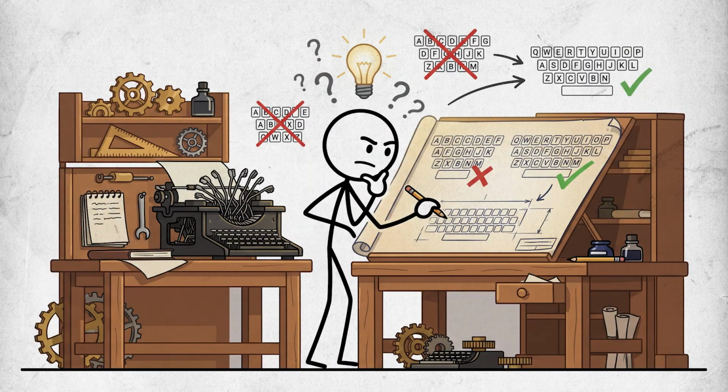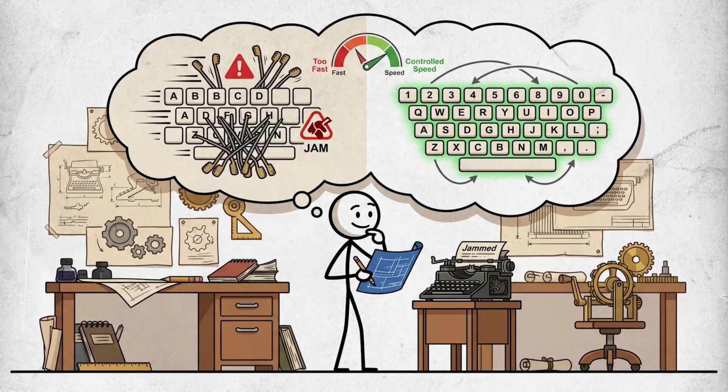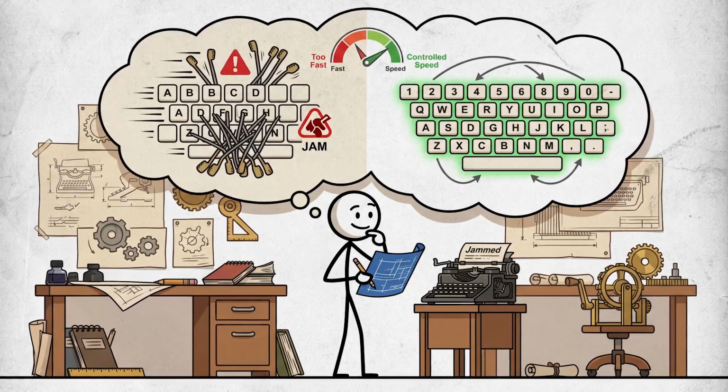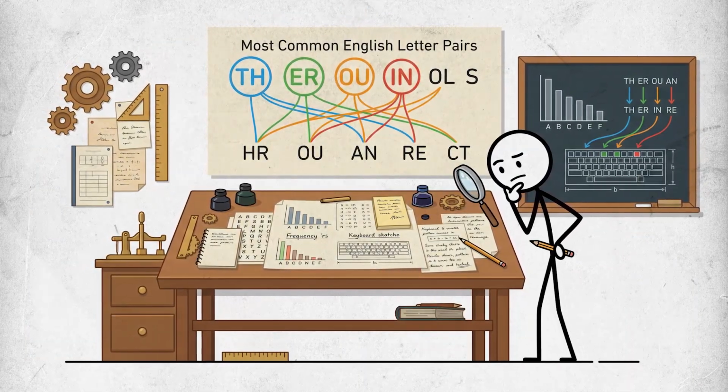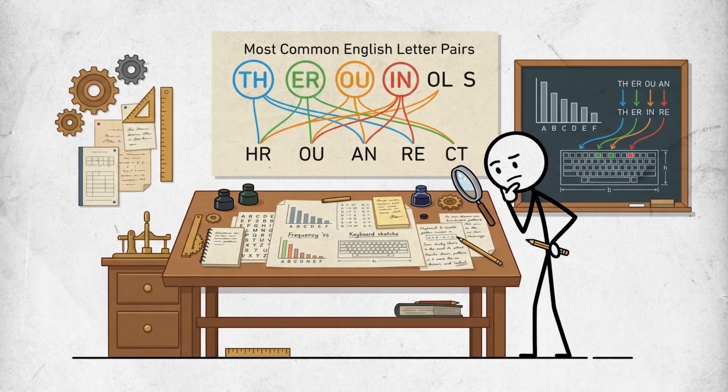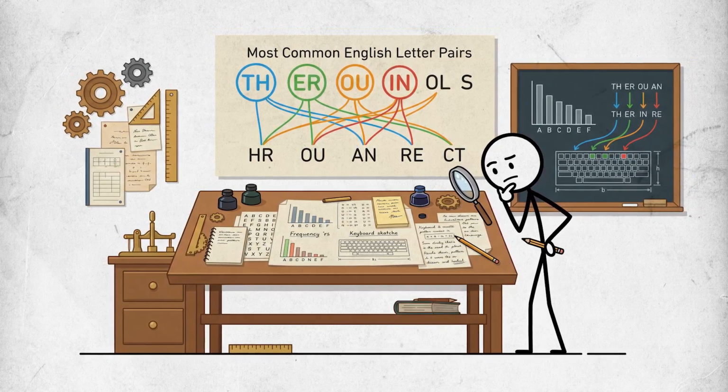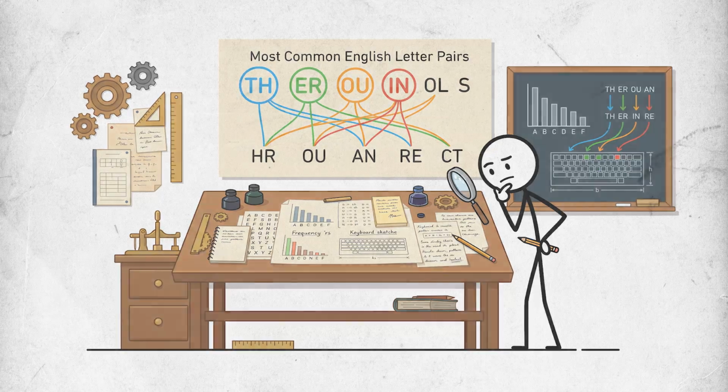To fix this, Christopher Sholes came up with a strange and counterintuitive solution. He thought, what if we changed the keyboard layout to force people to type a bit slower? He analyzed the English language to find the most common letter pairs, like TH, ER, OU, and IN.